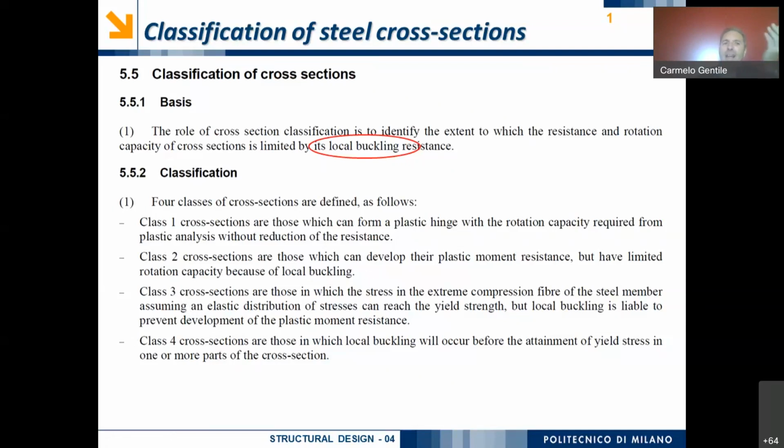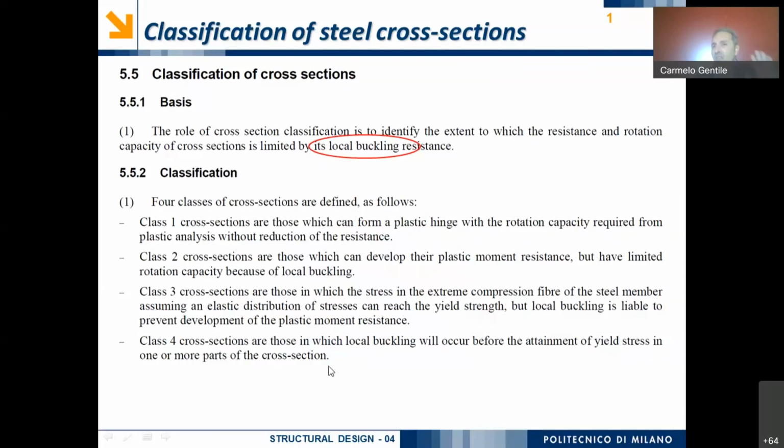So for a class 3 and even for a class 4 cross-section, we have to use an elastic strength verification. Indeed, we have also to remember that for class 4 cross-sections, we have local buckling before the attainment of yield stress in one or more parts of the cross section.